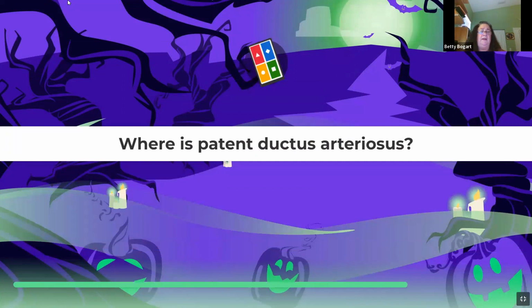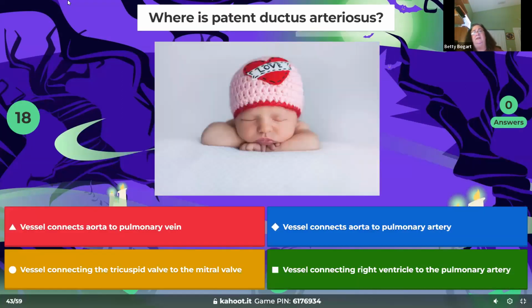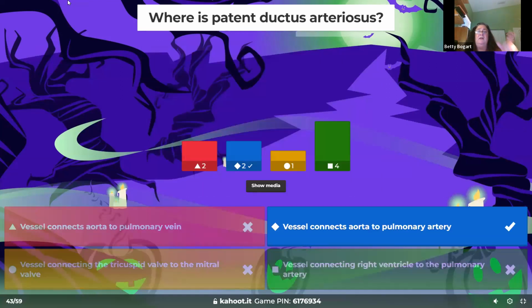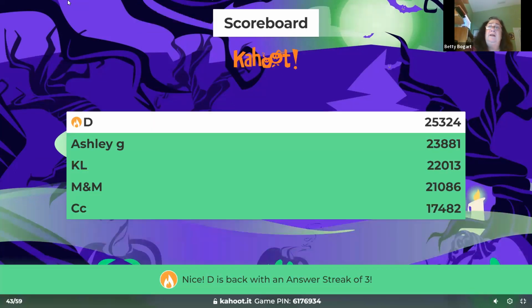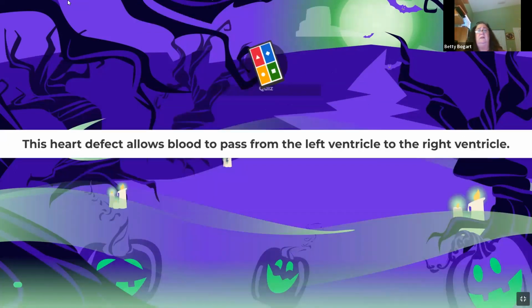Where is the patent ductus arteriosus? Let's see if you got it now. The aorta to the pulmonary artery. Okay, make sure you know that. Very important concept.